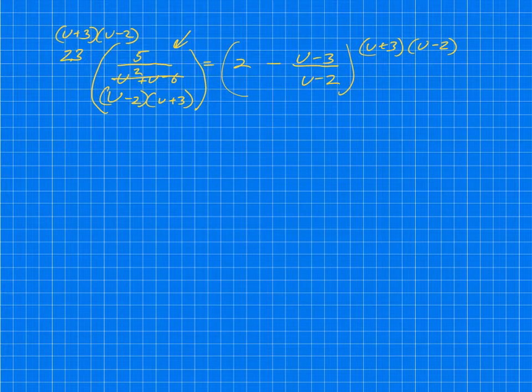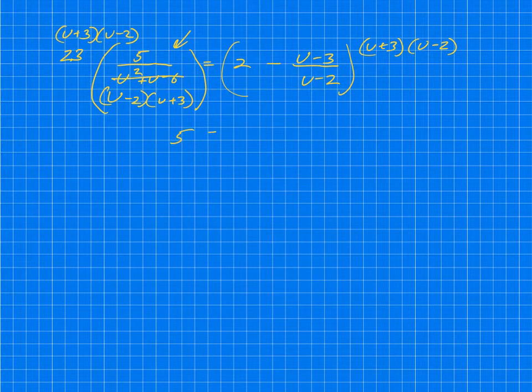So what's going to happen? Then you have to multiply everything by that. So you do 5 times u minus 2 and 5 times u plus 3. The 5 doesn't multiply to anything, right? It just cancels out because the denominators are the same as the LCD. So it's just going to be 5.